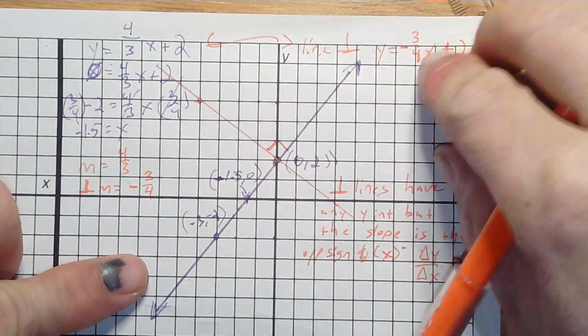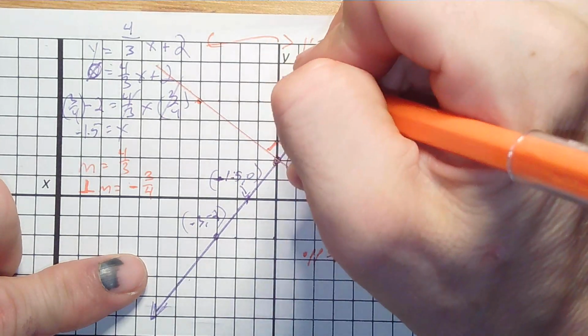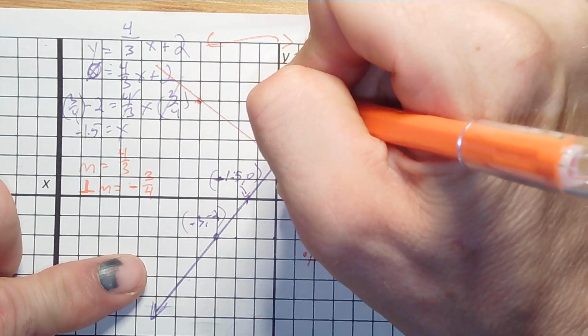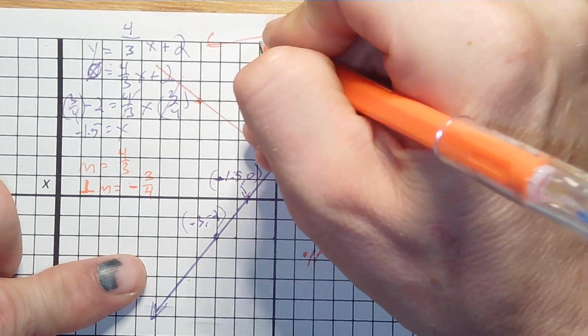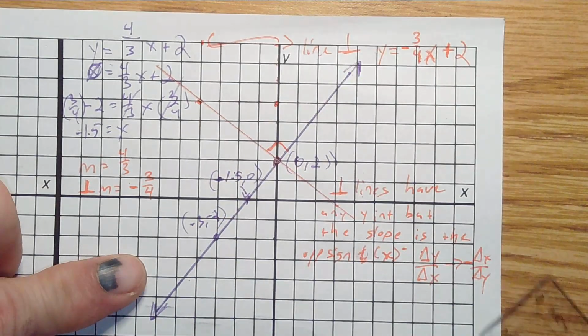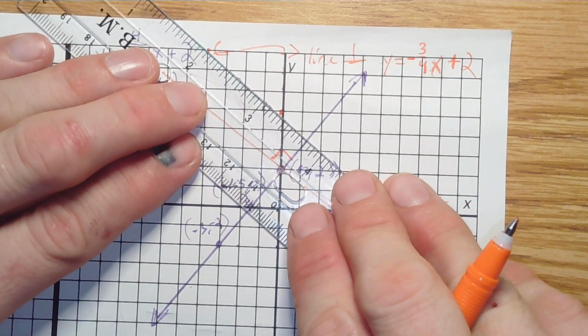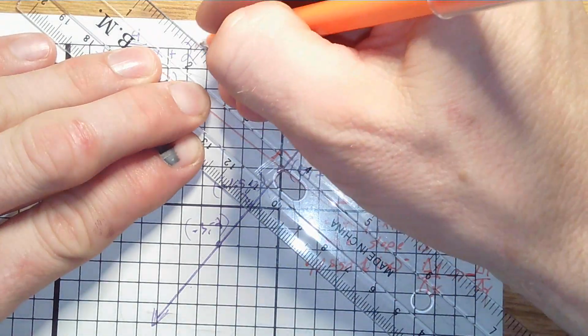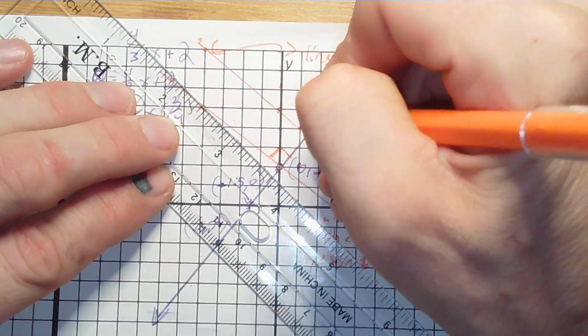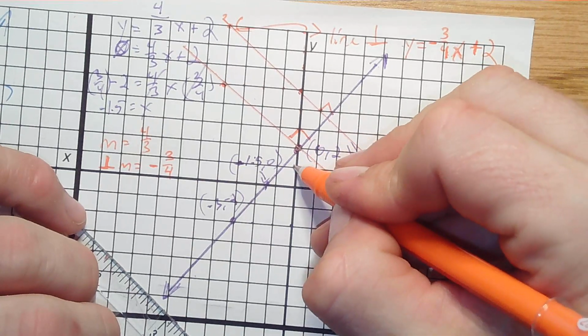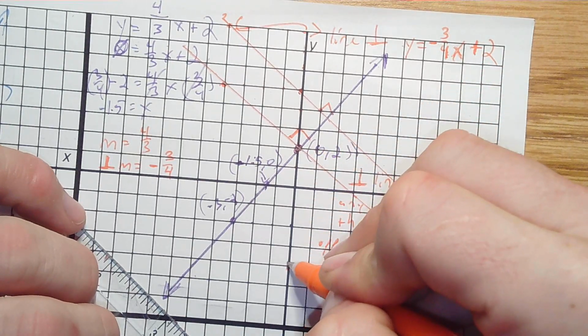Now this line would be perpendicular even if it had a y-intercept right here. It would go up 3, 1, 2, 3, and over 1, 2, 3, 4. It would still be perpendicular. It would still be perpendicular if it went all the way down to here, right?